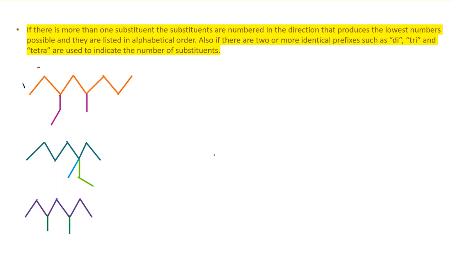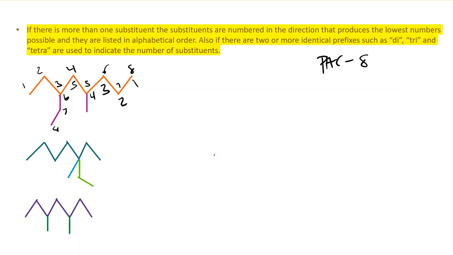So we have 1, 2, 3, 4, 5, 6, 7, 8. And since this other chain looks like it's long, we're going to try 1, 2, 3, 4, 5, 6, 7, 8. Okay, so since both ways give us 8, our parent hydrocarbon is 8 carbon chain.